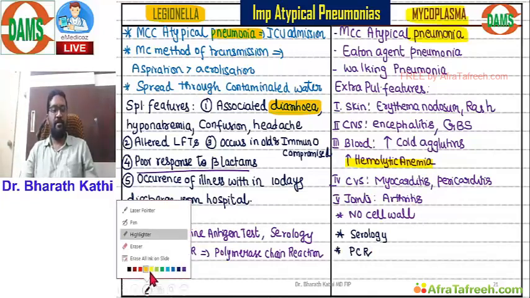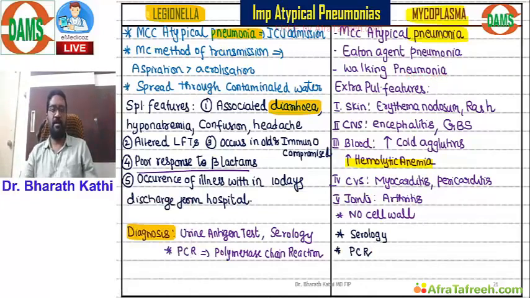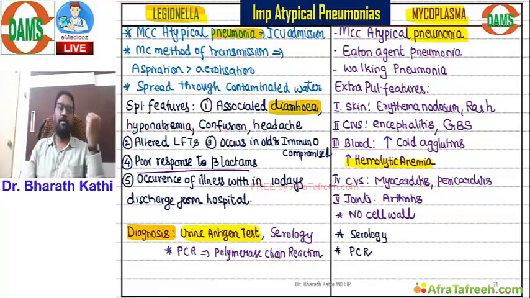How is Legionella diagnosed usually apart from the clinical findings? It is a urine antigen test. And Mycoplasma, we either diagnose through serology or PCR, polymerase chain reaction. Routinely culture is not reliable because it will take a lot of days for the culture reports to arrive.